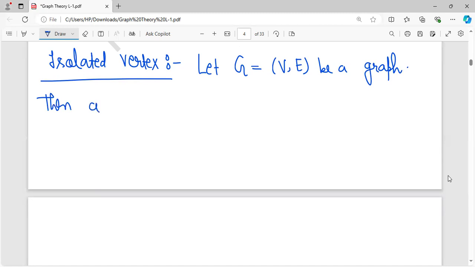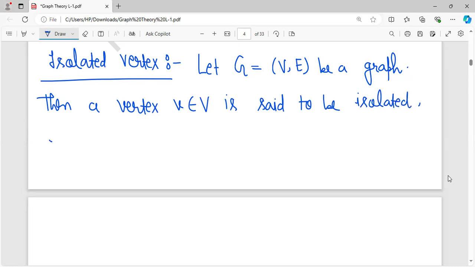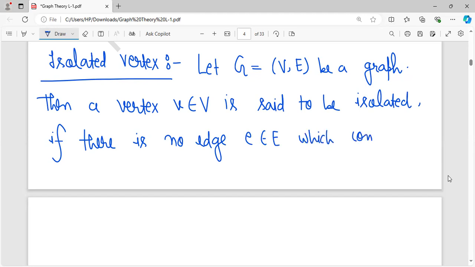Then a vertex V belongs to V is said to be isolated if there is no edge in E which connects V with another vertex. There is no edge in E which connects V.